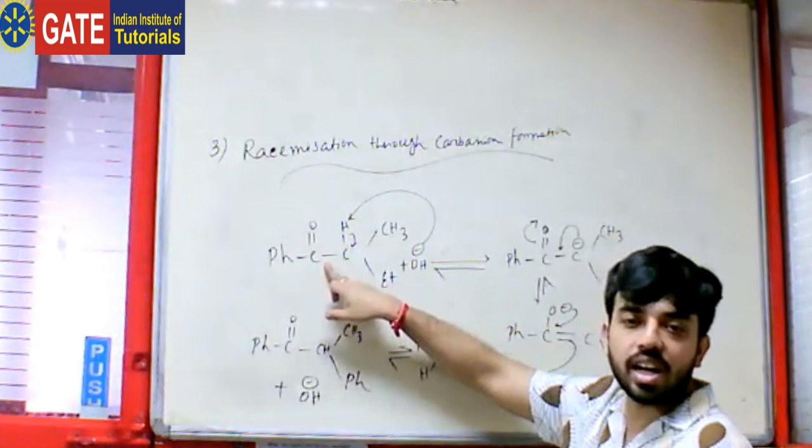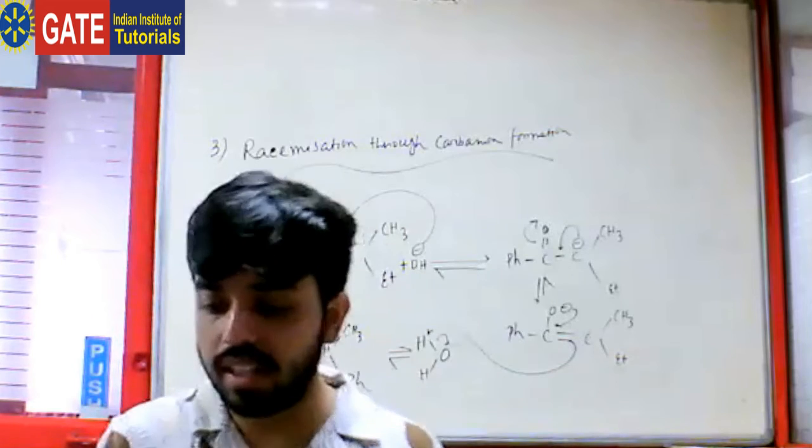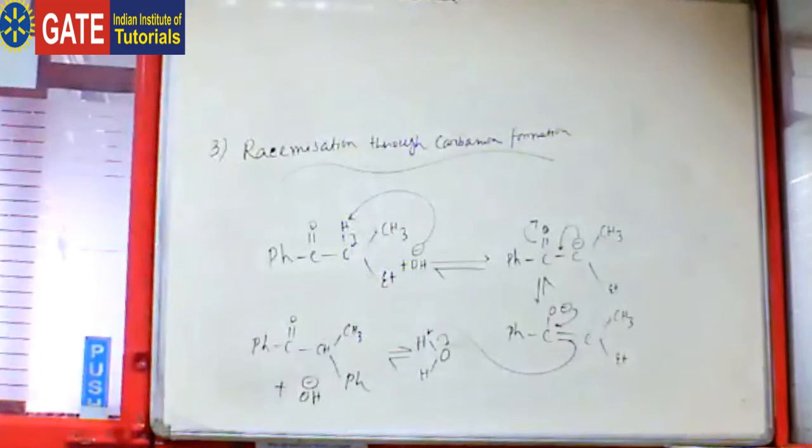If that is the case, you should always remember that this is actually happening, and racemization is happening. So you should have an acidic proton.